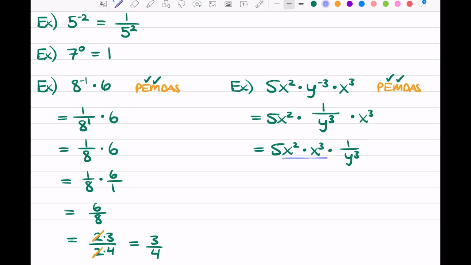We have multiplication with the same base. So using a shortcut from the previous video, we can write this as x to the 2 plus 3. Or you could think about it as multiplying x 2 times and then 3 more times. So we're multiplying x a total of 5 times.